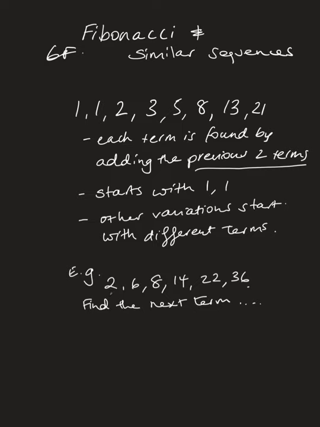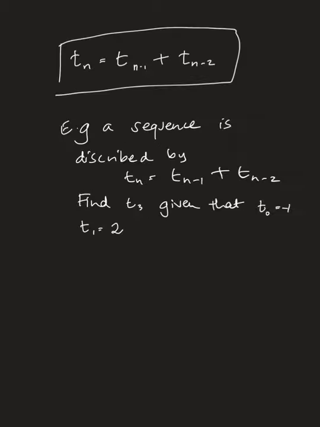So 2 plus 6 is 8, 6 plus 8 is 14, 8 plus 14 is 22, 14 plus 22 is 36, so yes, it is. That would mean to find the next term, I need to add 22 and 36, which is 58.